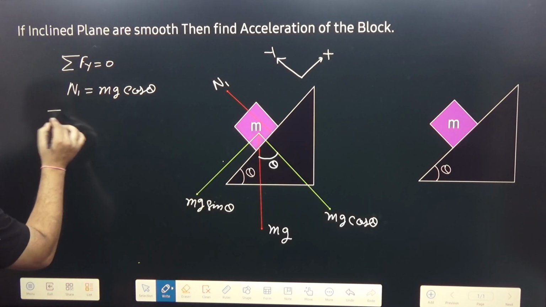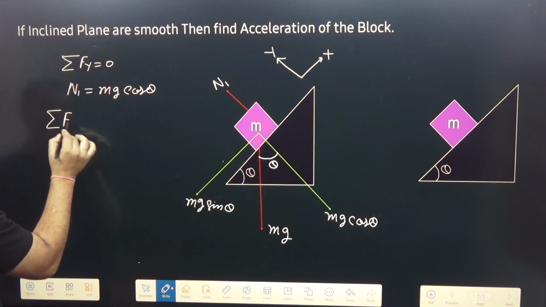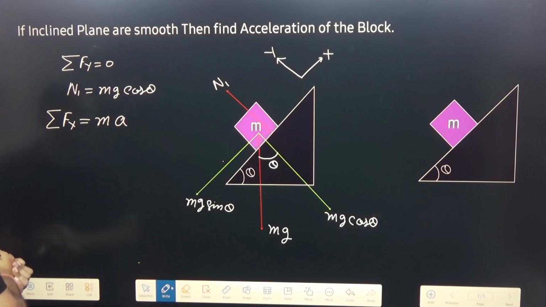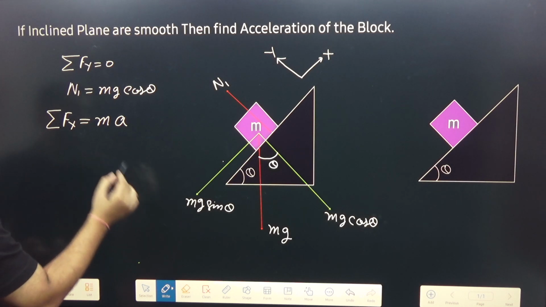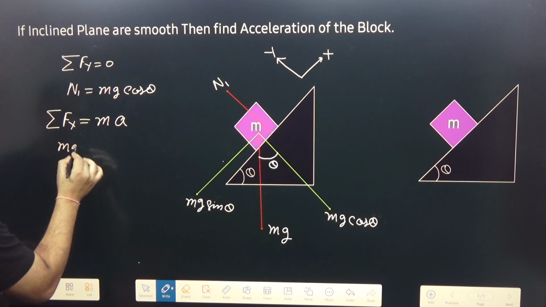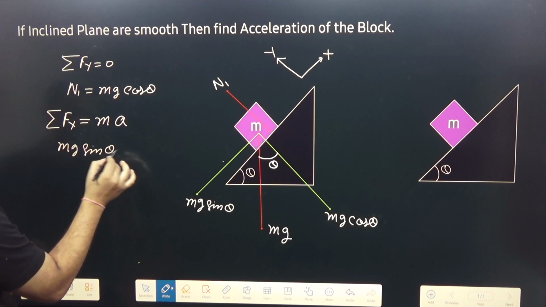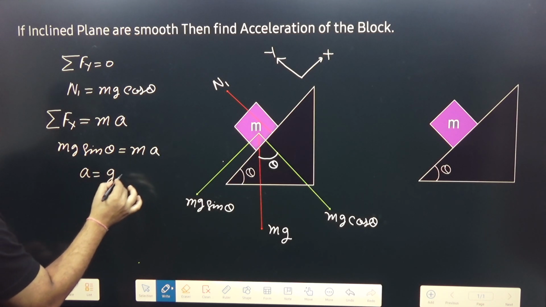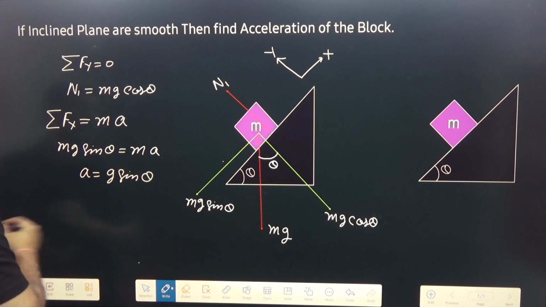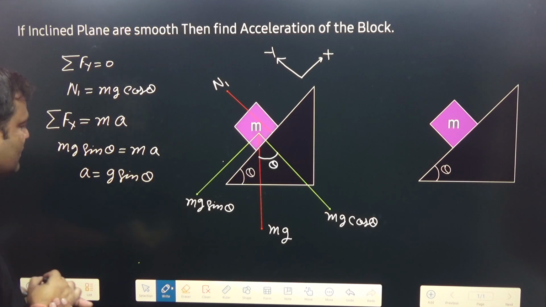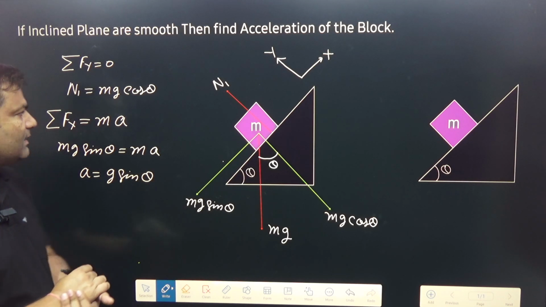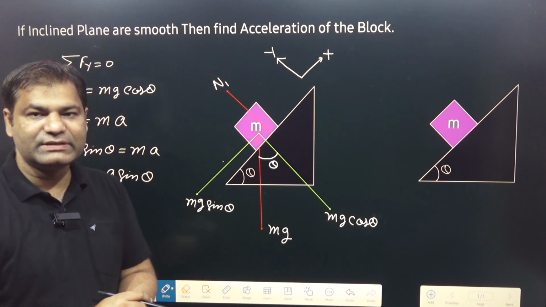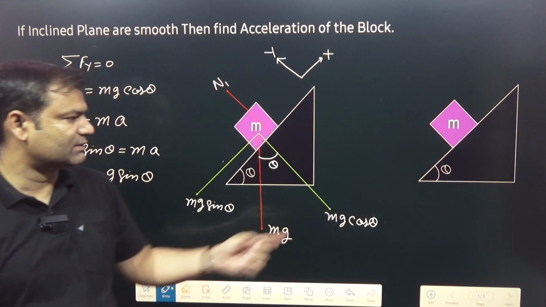So you can say that F of capital X will be equal to, according to Newton's second law, mass into acceleration. So here m into g sin theta is equal to mass into a. So what about a? A is equal to g sin theta. So the acceleration of the block is g sin theta, and the normal force applied by the inclined plane on the block is mg cos theta. Okay, make a note of it.